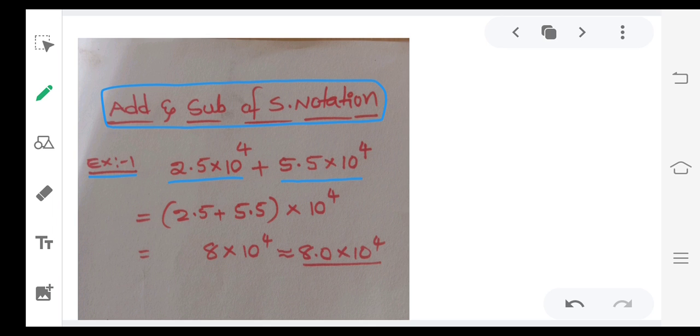So here 2.5 plus 5.5 you can directly add into 10 power 4. So we can write 8 into 10 power 4, or 8.0 into 10 power 4.